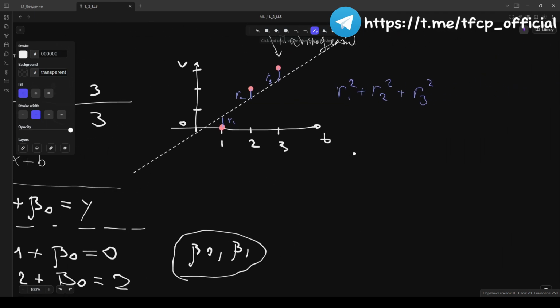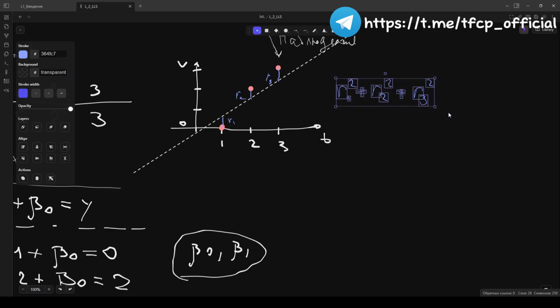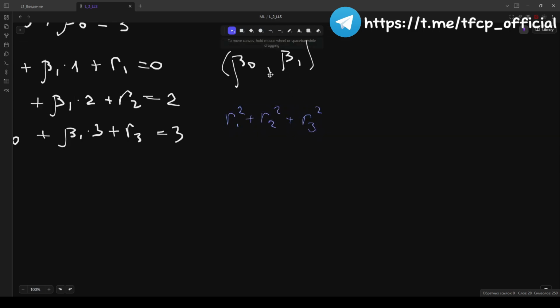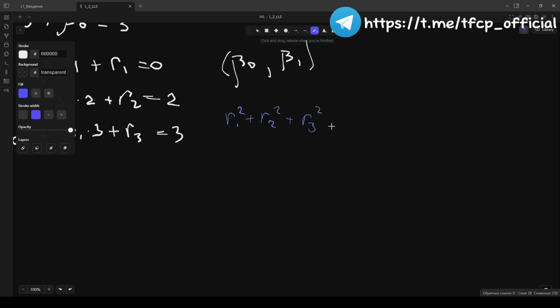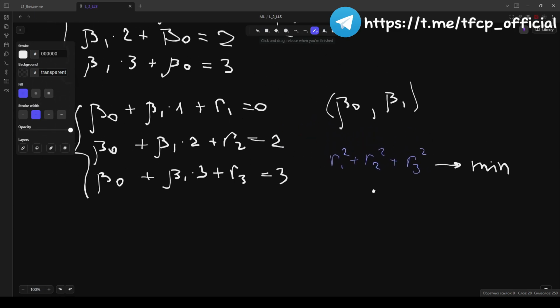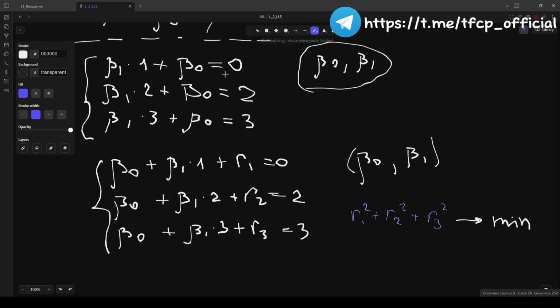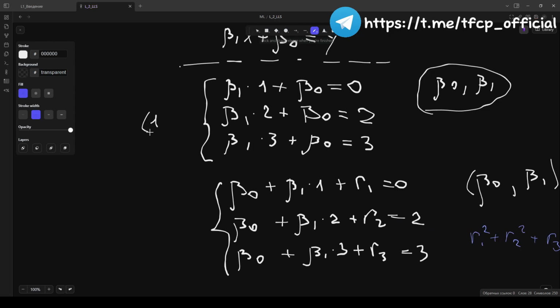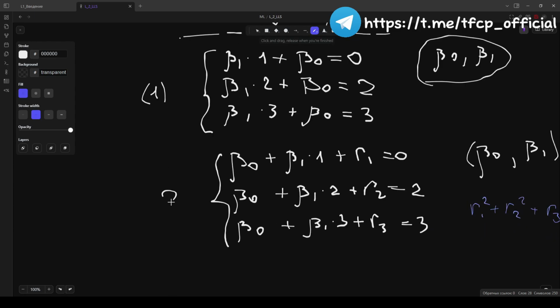This means we are looking for the values of beta 0 and beta 1 that make the sum of the squared differences as small as possible. That is, we are solving this kind of optimization task. It is essentially necessary to find the specific values of the parameters beta 0 and beta 1 under the condition that these three residuals are minimized. So we actually moved from this task to this task. This is task 1 and this is task 2.